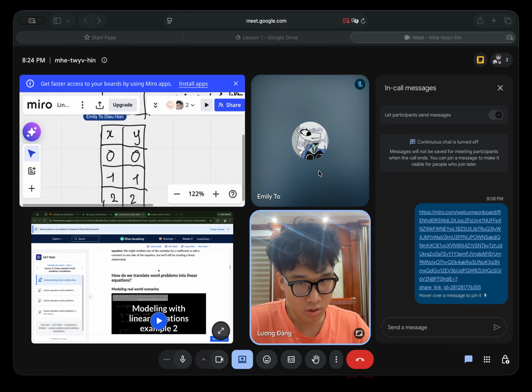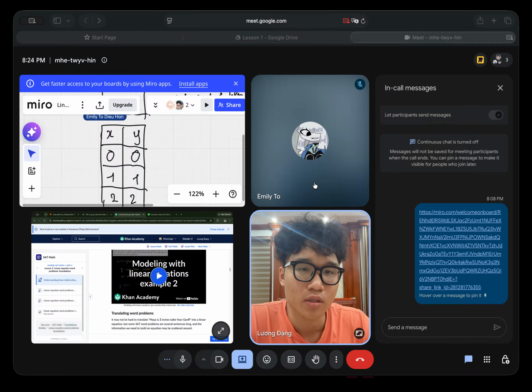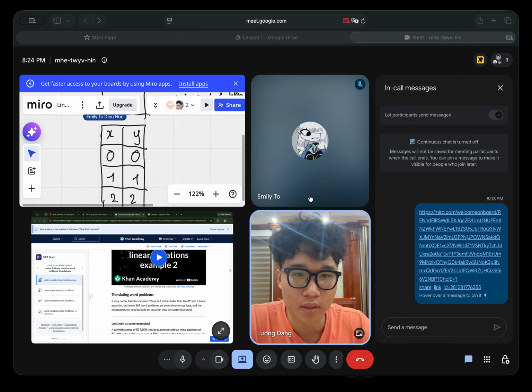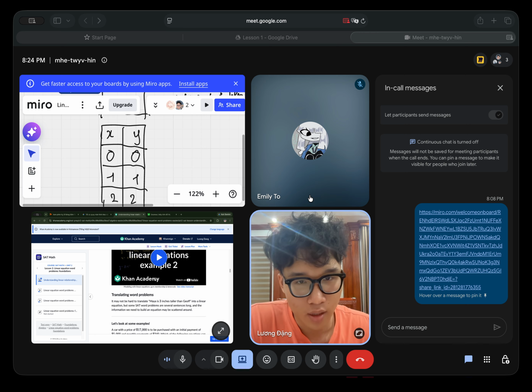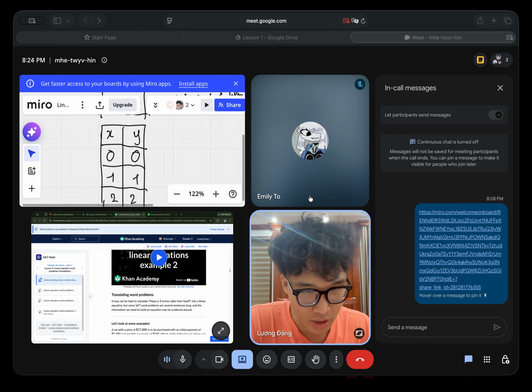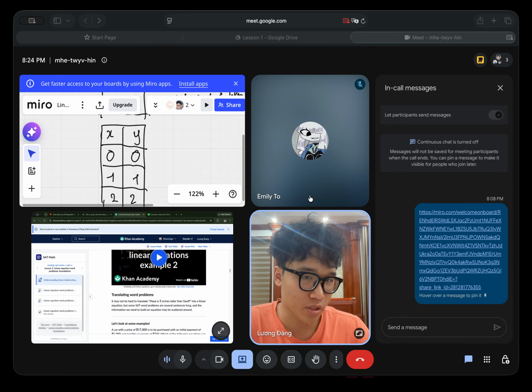For example, you have to model a real world scenario, like the sales of a flower shop. It might not be hard to translate, for example, Maya is 3 inches taller than Tom, into a linear equation, but some SAT word problems are several sentences long, and the information we need to build an equation may be scattered around.